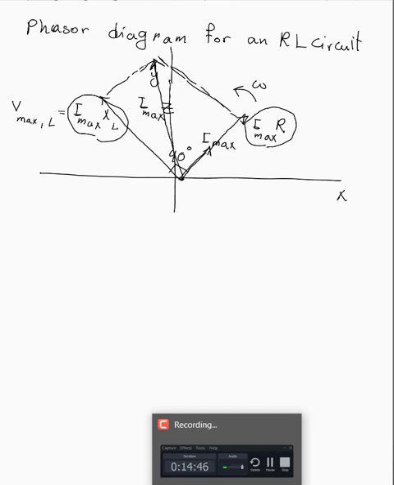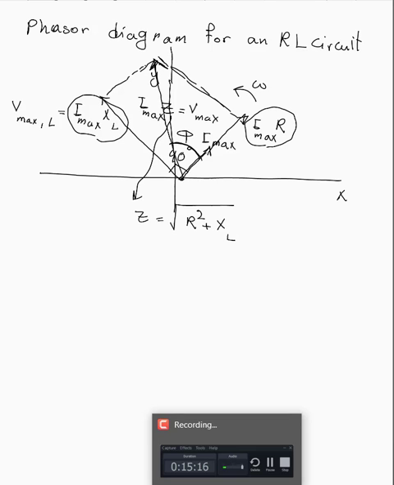The angle that this total vector makes with Imax is called phi. So this is the impedance that we were talking about. This phasor, Imax Z, shows the total voltage across the RL circuit, and again Z is the square root of R squared plus XL squared.